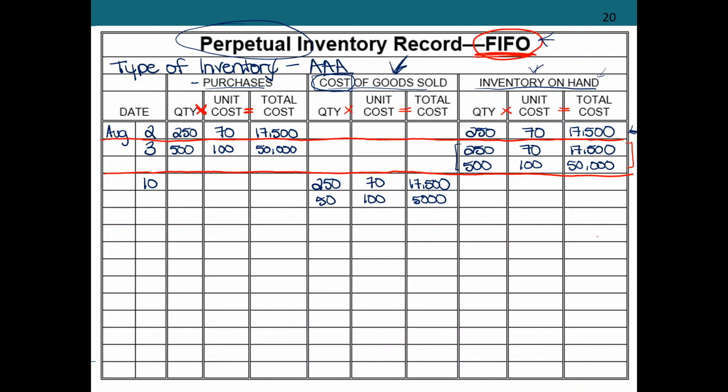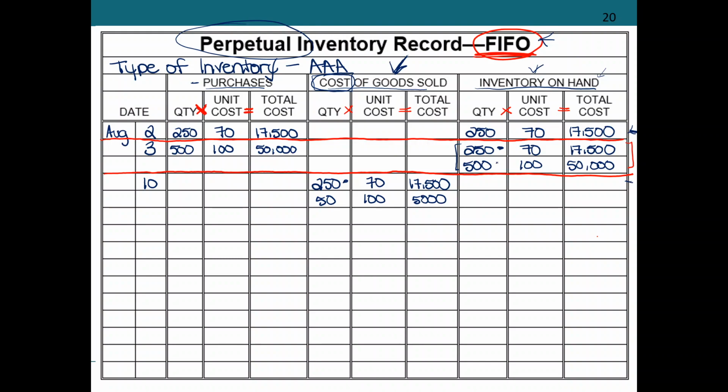And again, we need to update our inventory on hand after we do this. So when you're looking at these sales, you basically look and say, okay, well, I had $250, and then you subtract the amount that you sell. So $250 minus $250 is 0. So we've used up all of the batteries that we purchased at $70. So you don't have to write anything in this top line here.